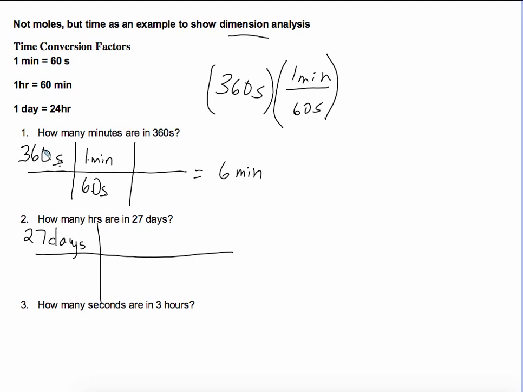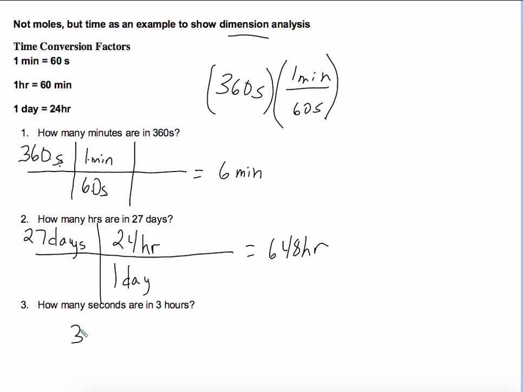All right, that's the conversion factor we need. Now, which one goes on the bottom? Where does days go, on the top or on the bottom? Well, follow the principle of diagonality. 1 day and then 24 hours will go at the top. So you would take 27 times 24 divided by 1. That equals 648 hours.